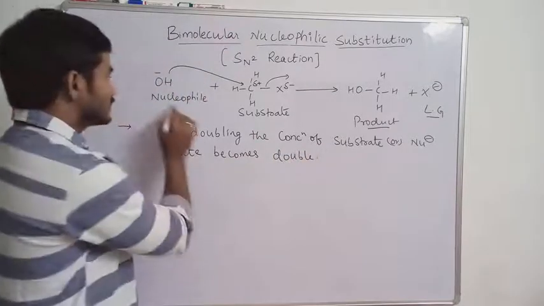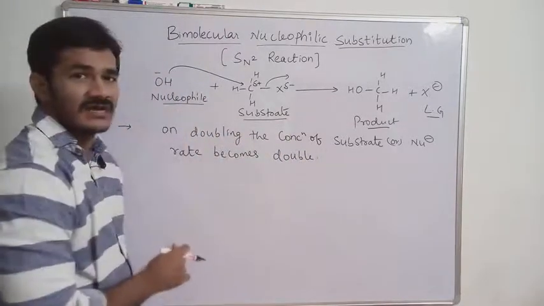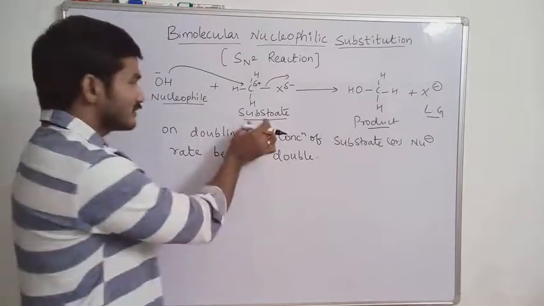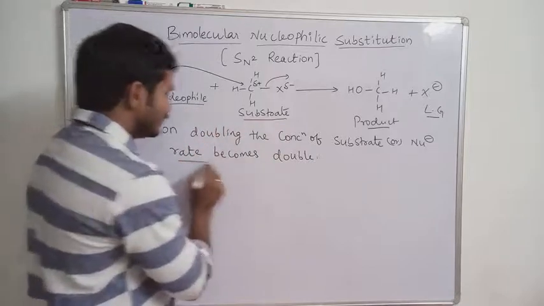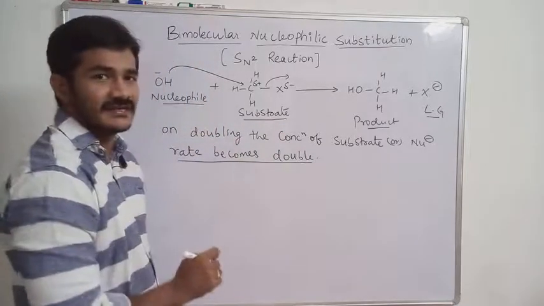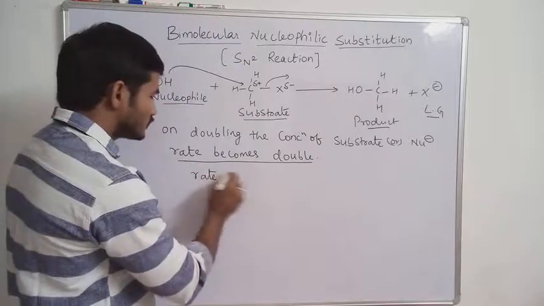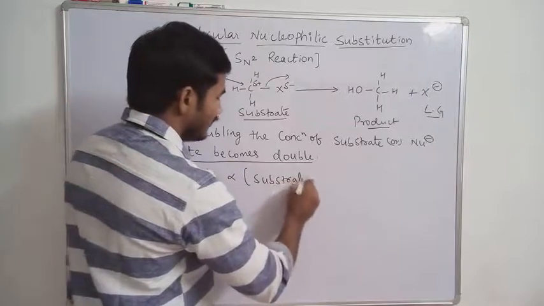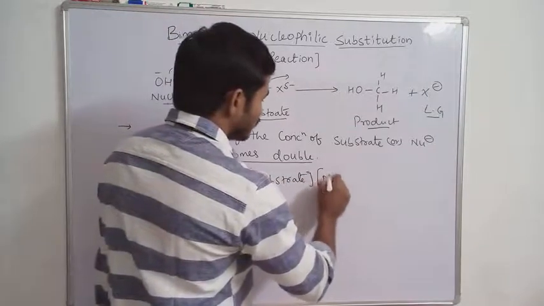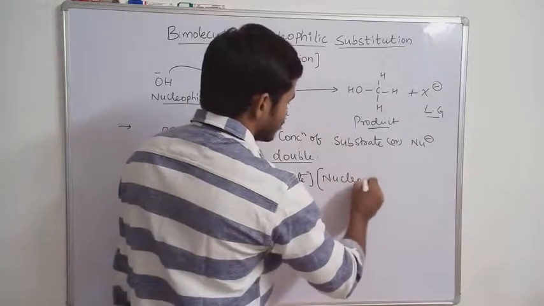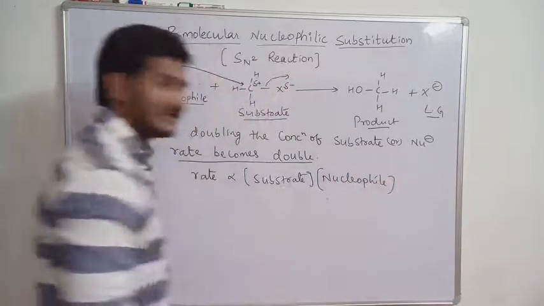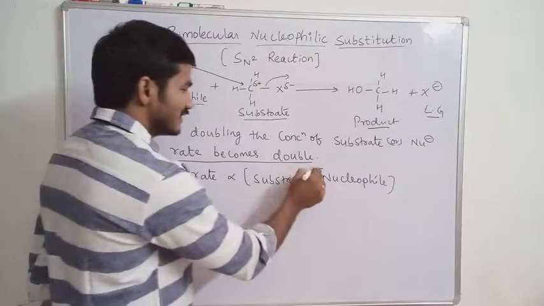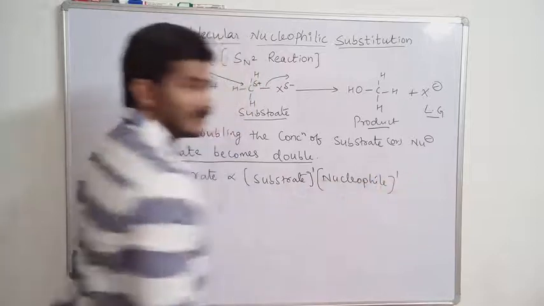Here this is substrate, this is nucleophile, and on making double the concentration of substrate and nucleophile, the rate becomes double. This indicates that the rate is directly proportional to the concentration of substrate and the concentration of nucleophile. It is directly proportional to the two terms: one is substrate, one is nucleophile.